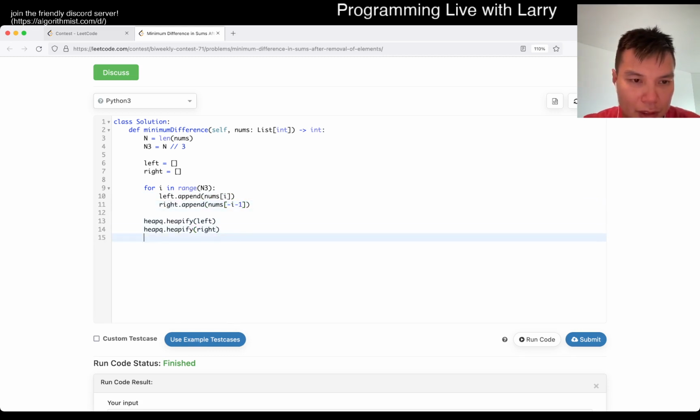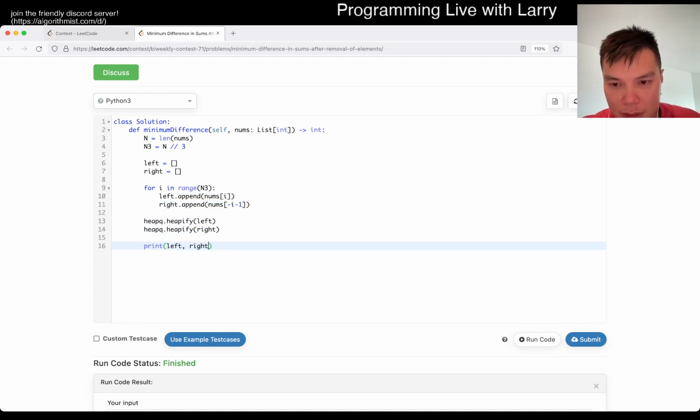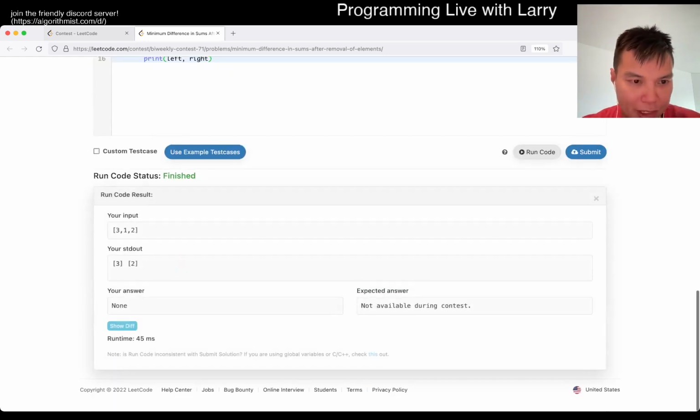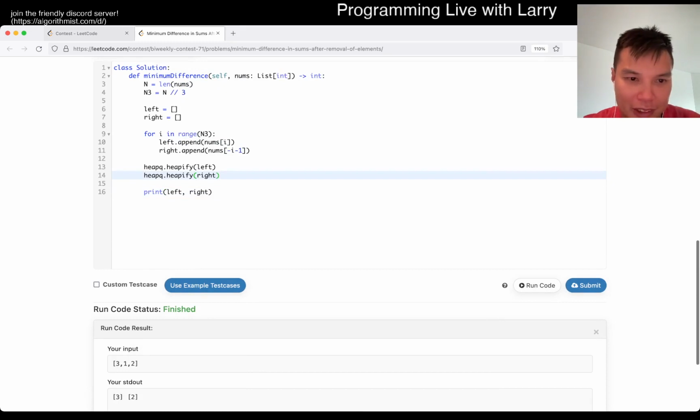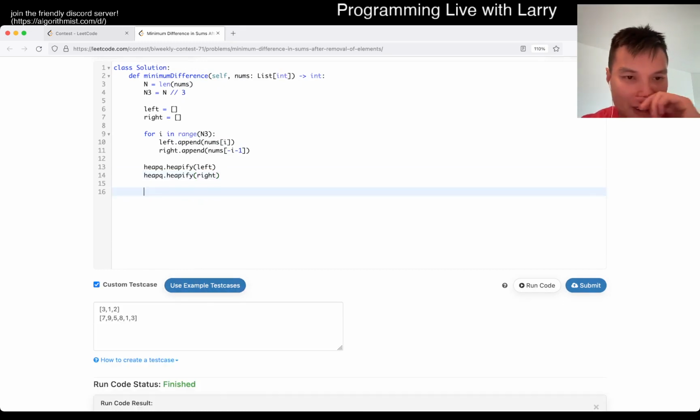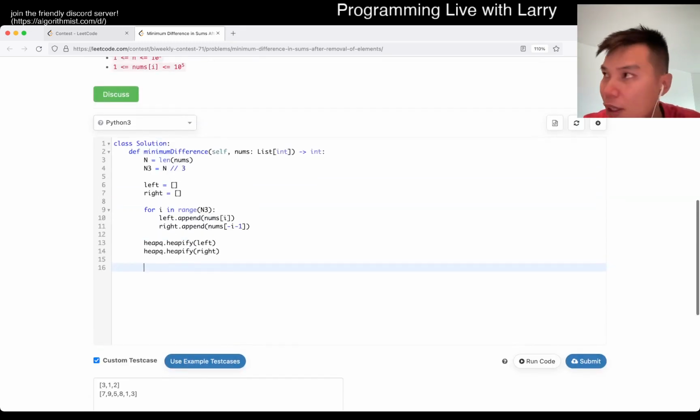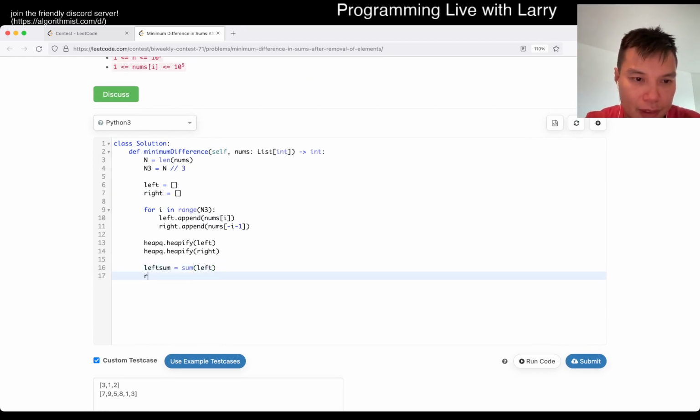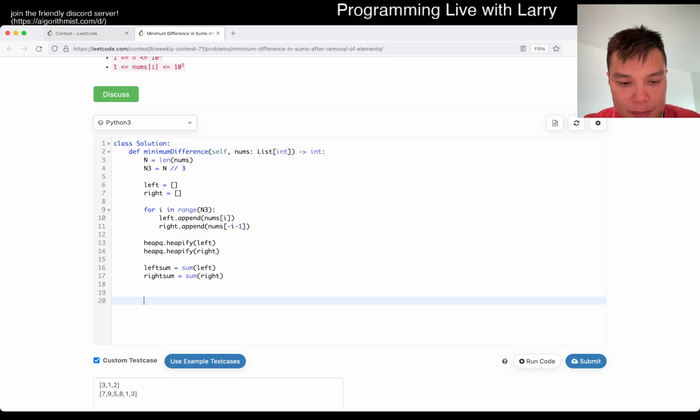Making sure we're doing the right thing-ish. There's only two. These cases have 2 symbol. Okay, and then now we have left sum is equal to sum of left, right sum.